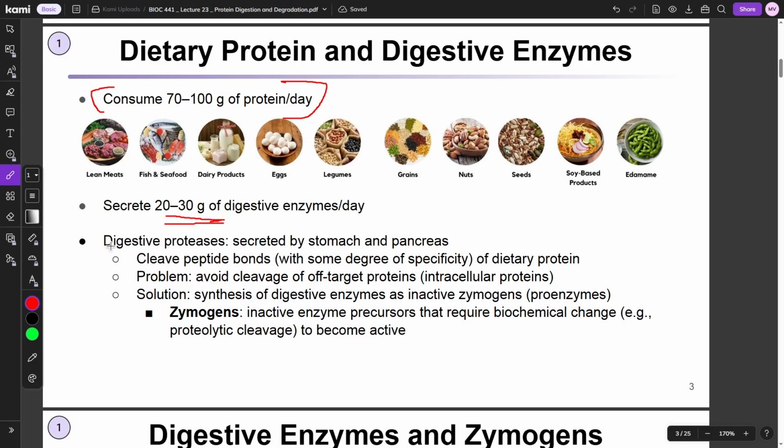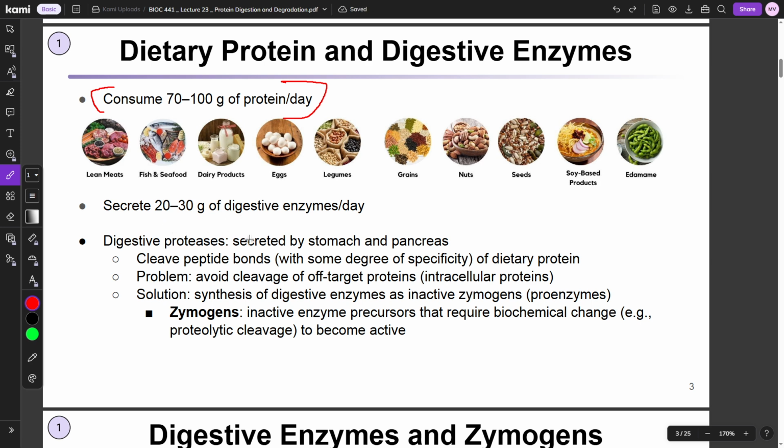These digestive proteases are secreted by the stomach and pancreas. And when we talk about secreted, we don't mean that it's excreted. We don't mean that it's released from the body. We just mean that during a day's work, it's 20 to 30 grams of these enzymes that are released into our stomach acid every day to digest the food that we eat.